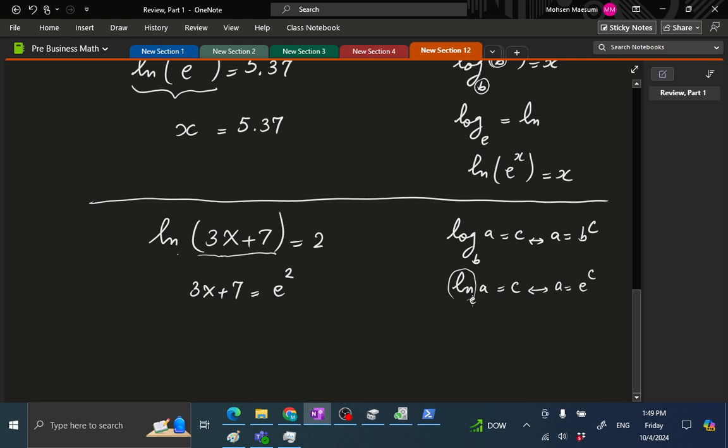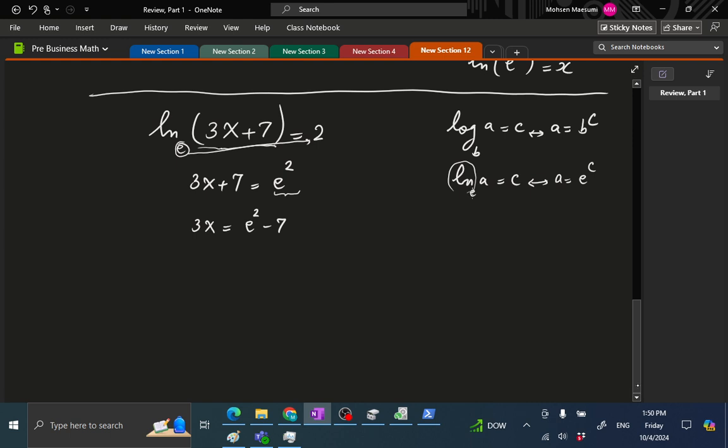Whatever the base is, when it is e, it's not written, but this base has to be raised to the power of 2 to get you your 3x plus 7 back. Now you can go ahead and use your calculator to figure out what this thing is, or you can continue like this. I can subtract 7, so it becomes e squared minus 7, and then I can divide by 3, so x becomes e to the power of 2 minus 7, over 3.